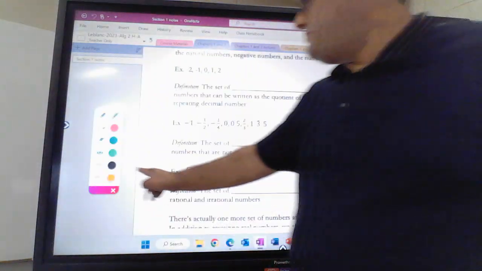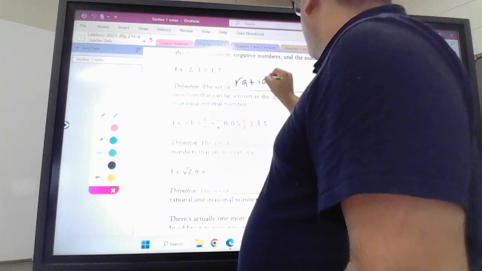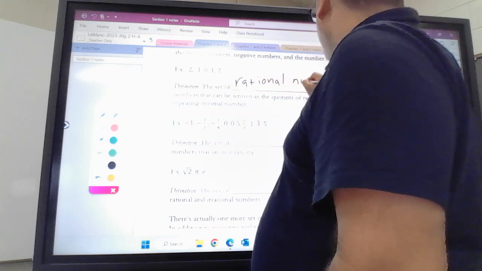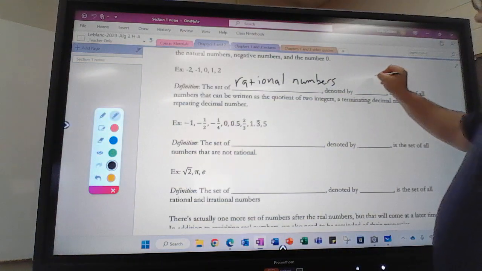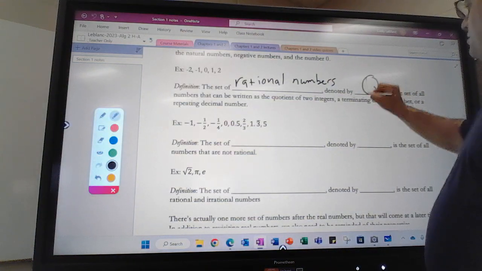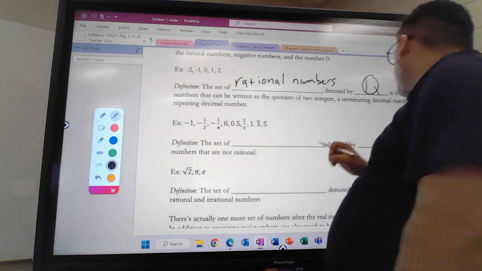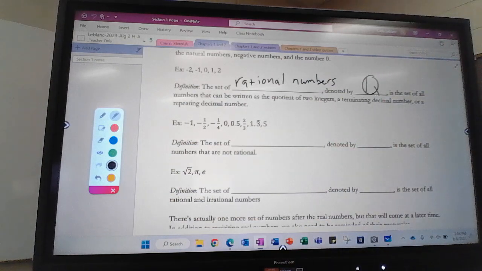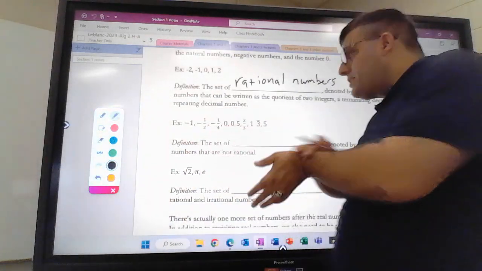So the set of rational numbers is denoted by a double Q. So rational numbers is the set of all numbers that can be written as the quotient of two integers, a terminating decimal number, or a repeating decimal number. And all of those things are equivalent.